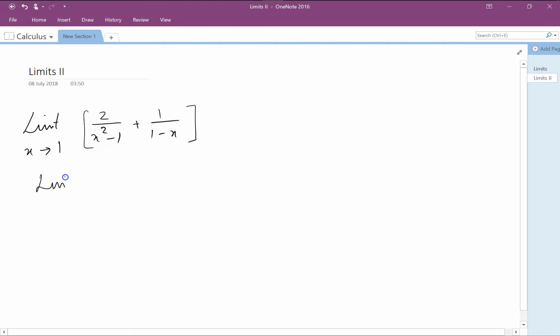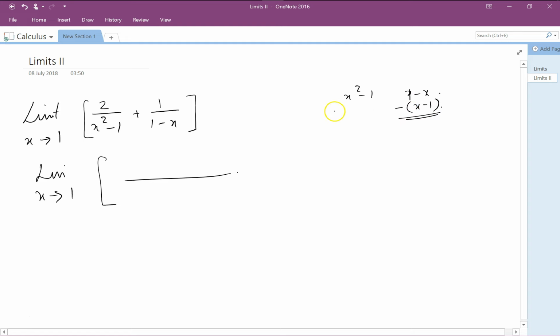Okay, so let's take the limit as x approaches 1. Let's take the LCM. One way we can do it is with x square minus 1 and 1 minus x. Let's take minus out, so it becomes x minus 1. And x square minus 1 square is x minus 1, x plus 1.